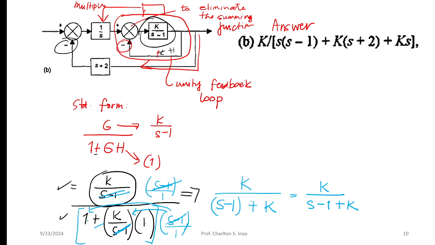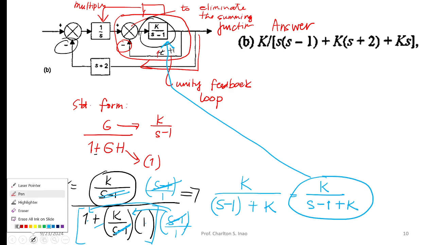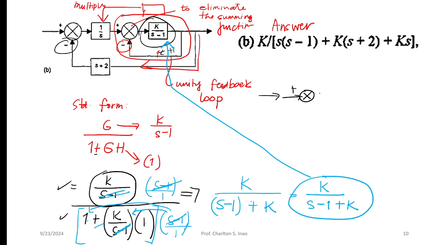Okay? So this thing here, we have to substitute here. Okay? So we're going to do that. From the original expression, it becomes like this. So there's a summing junction, and there's a signal which is positive.